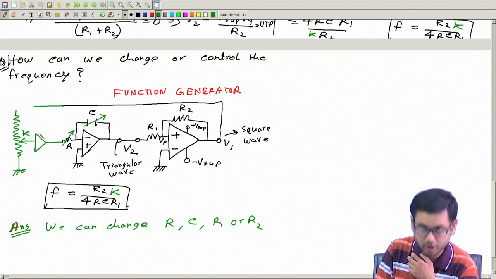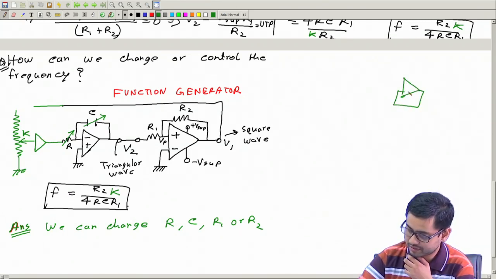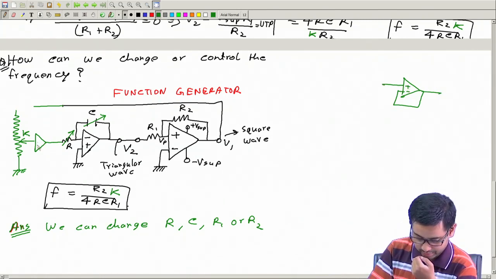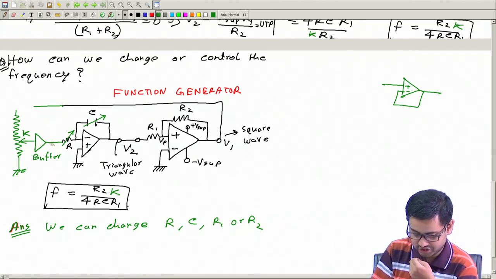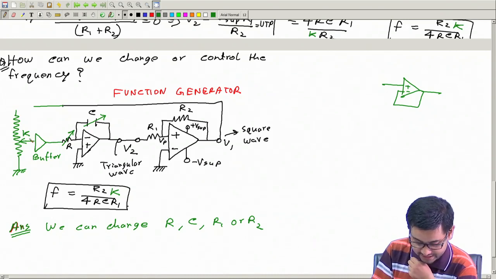This is a symbol of a buffer which could be just this op amp with direct feedback. To save space I am just drawing it like this. So this is a 1:1. Whatever is this voltage, this goes there. It copies the input to the output, but it does not take any current. The current here will be 0.